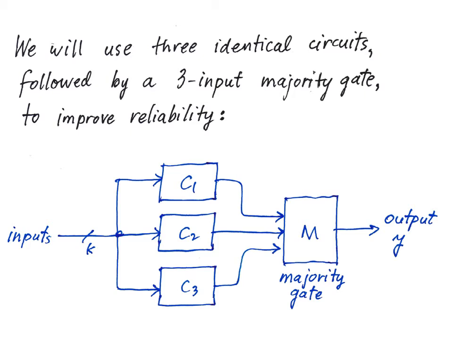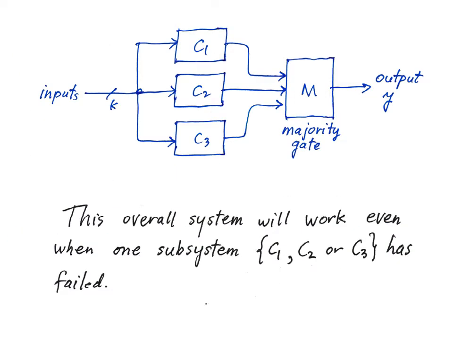We take their outputs, which ideally should be the same, and drive a majority gate that takes the best 2 out of 3 in order to calculate the signal Y. So this system will work even when one of the subsystems has failed, because the other 2 will be the majority.